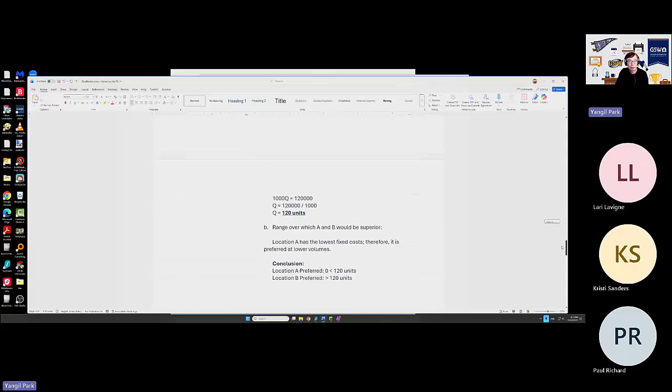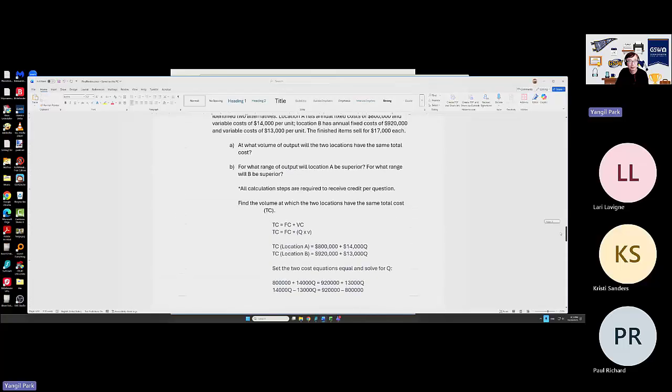Third one, I don't want to make it too complicated. This is very similar, but the only difference is the question is a little different. At what volume of output will the two locations have the same total cost?